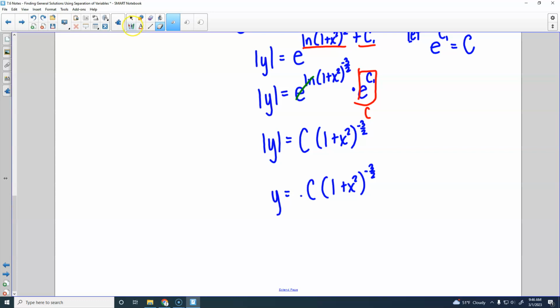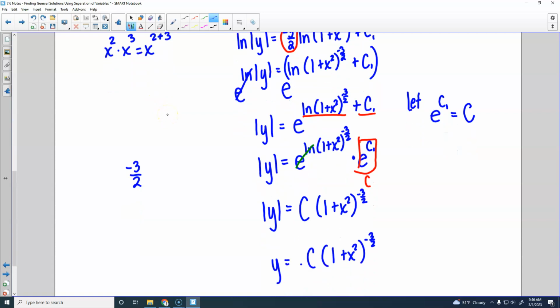Yeah, because that negative 3/2 is on the outside of the natural log. So you cannot distribute it to the inside because it's not multiplied by just the 1 plus x squared. It's multiplied by that natural log.